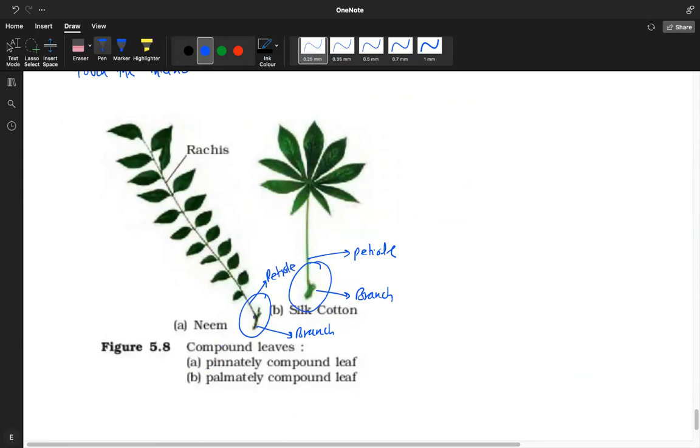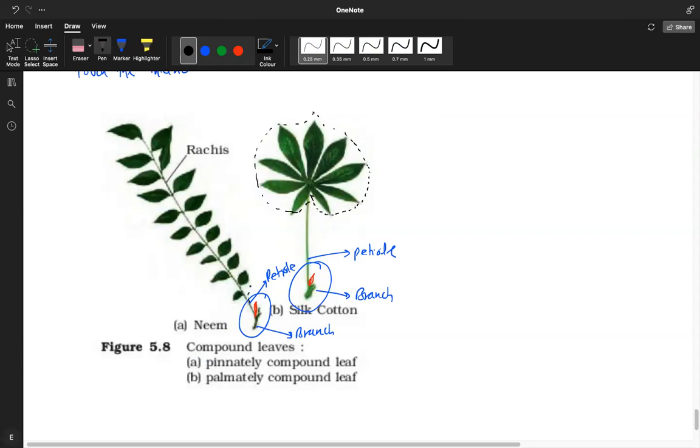These are two types of compound leaf. We'll come to it later. But you see, look at this red mark. The possibility of growing a bud here is there. An axillary bud can grow here. Now, this is what I was talking about, that this is actually looking like one leaf.